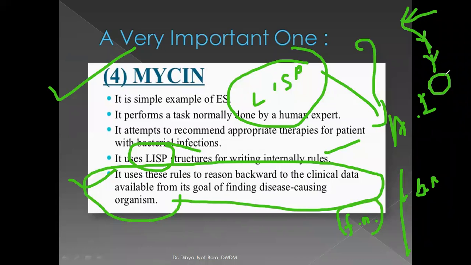Ultimately, you will get some output. That is a kind of forward reasoning. You move forward with the help of the given conditions or given reasons. Because of these reasons, what will happen? That is forward reasoning.